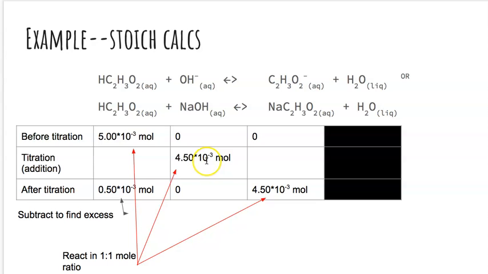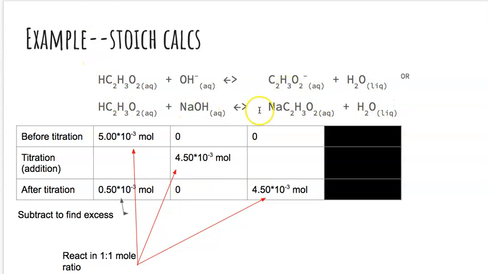So if we just do a little subtraction here, we end up with 0.5 times 10 to the minus third, that's not very good scientific notation, is it? 5 times 10 to the minus fourth moles of acetic acid left, and 4.5 times 10 to the minus third moles of acetate at the end.